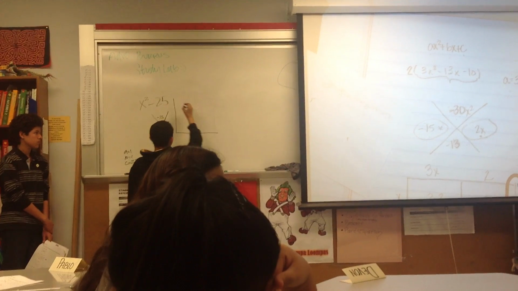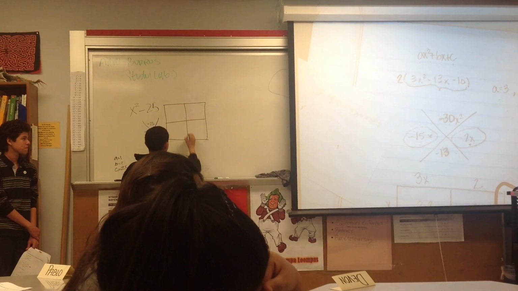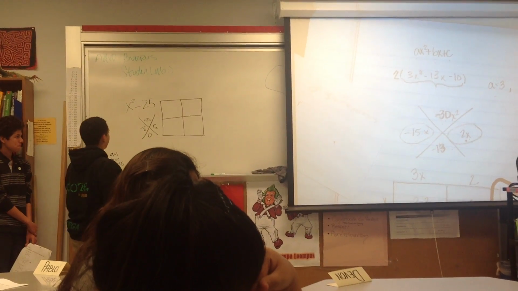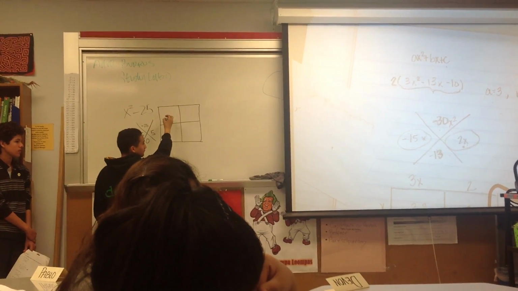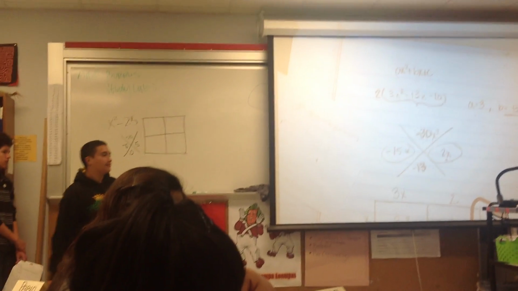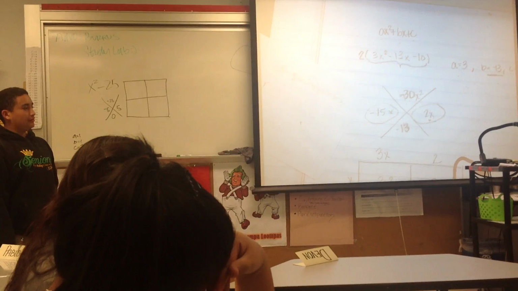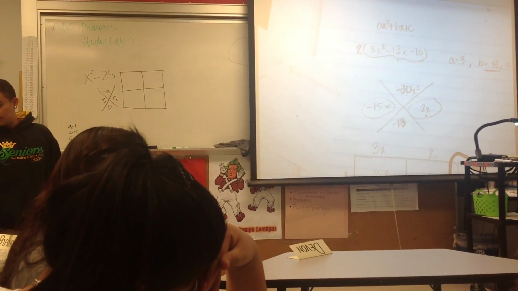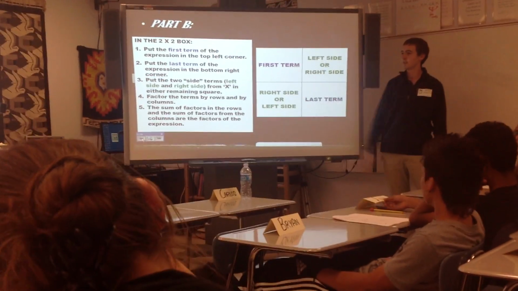The box. Alright. So what goes in the top left box? Negative 25? Okay, let's go back to the little notes here. You can use this as kind of a cheat sheet. What goes up in the top left corner?